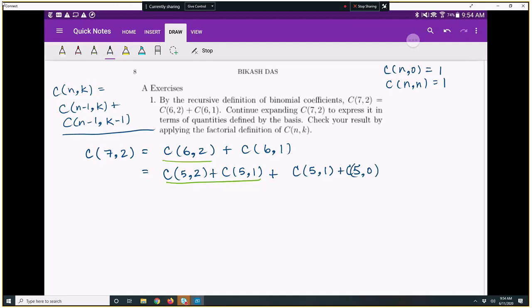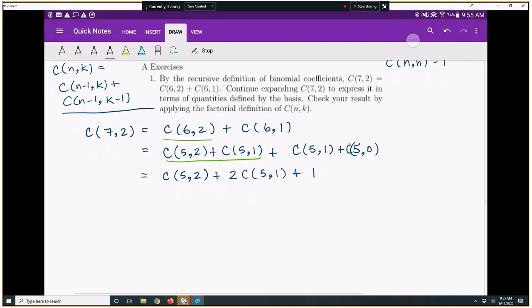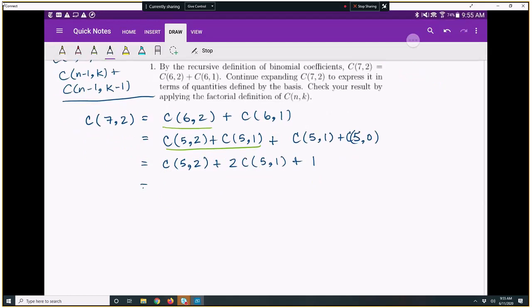Now 5 choose 0, I can replace by 1. So this is going to end up being 5 choose 2. I have 5 choose 1 plus 5 choose 1, so I'm going to say that's 2 times 5 choose 1 plus 1. Now I'm going to replace 5 choose 2 by 4 choose 2 plus 4 choose 1.